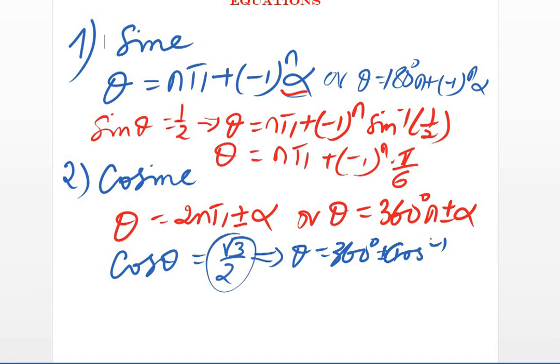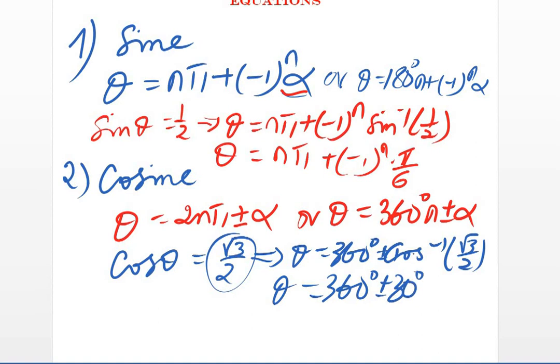Of this √3/2. Cos inverse of √3/2, which will give us 360 degrees n plus or minus, what's cos inverse of √3/2 is 30 degrees. We have that. Here, this is n there showing that it's general.